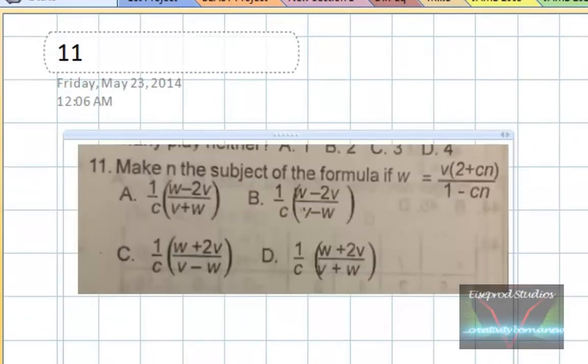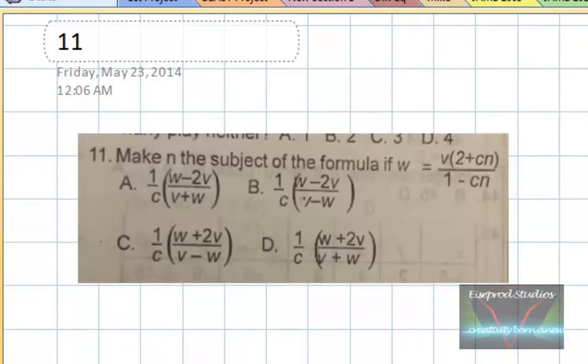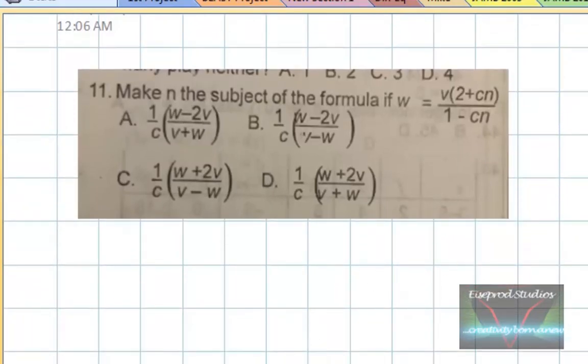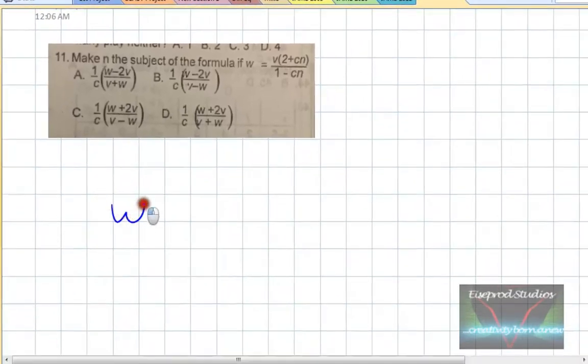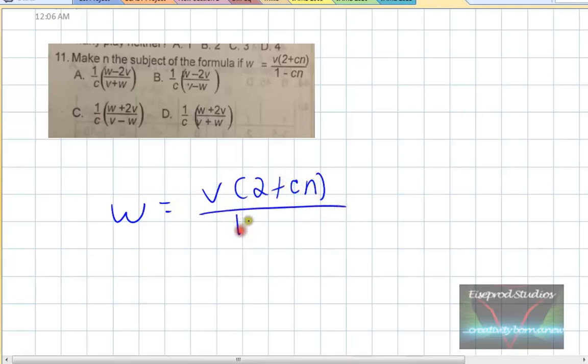Question 11 wants us to make n the subject of a formula if W is equal to V times the quantity 2 plus Cn over 1 minus Cn. So, I'm going to start off by rewriting the problem: 2 plus Cn over 1 minus Cn.